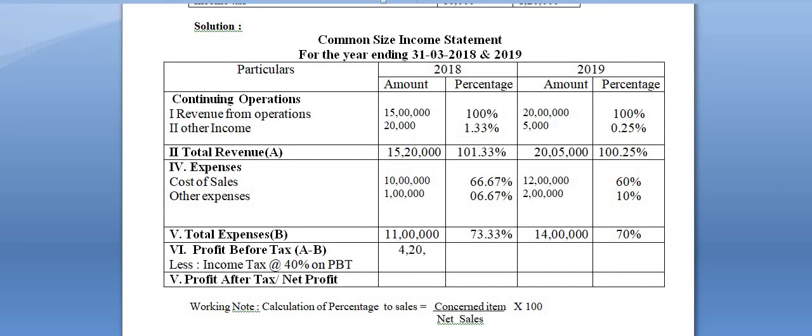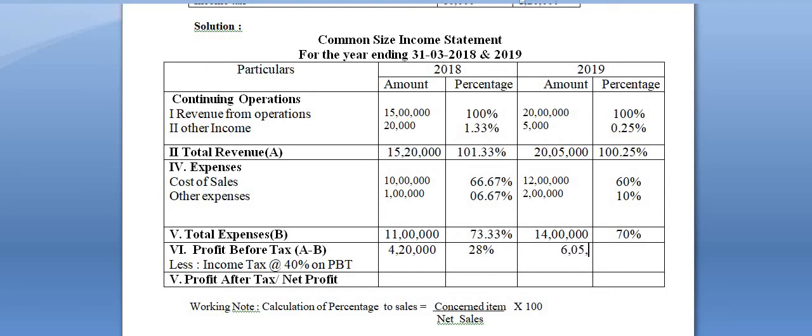Next one, percentage: 4 lakh 20,000 divided by 15 lakh into 100 is equal to 28%. Okay. Next one, 20 lakh 5,000 minus 14 lakh is equal to 6 lakh 5,000.